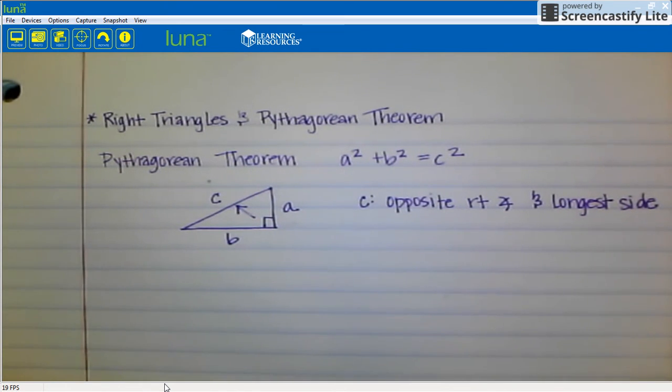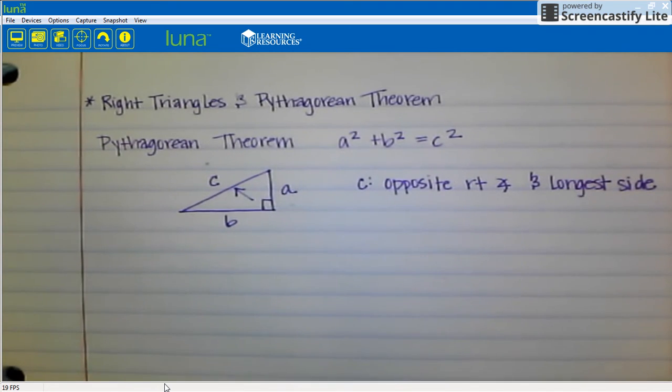And A and B are arbitrary. More times than not, people assign that A is less than B, but there's nothing that says that B can't be less than A.